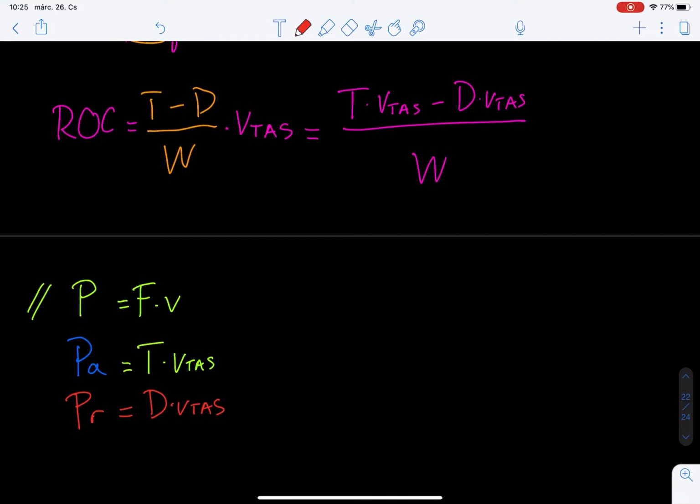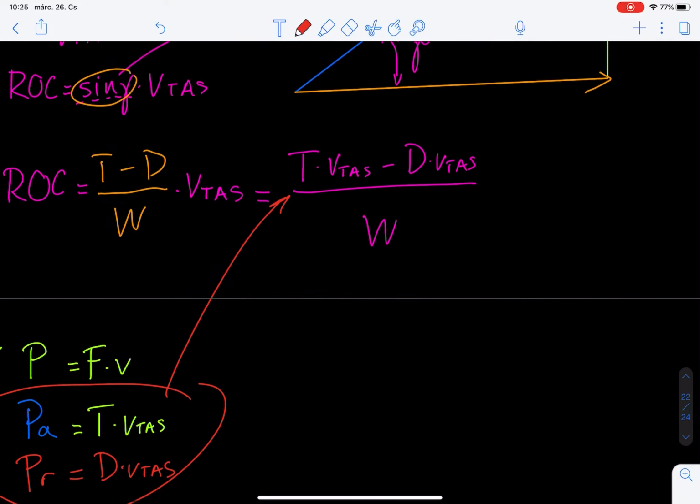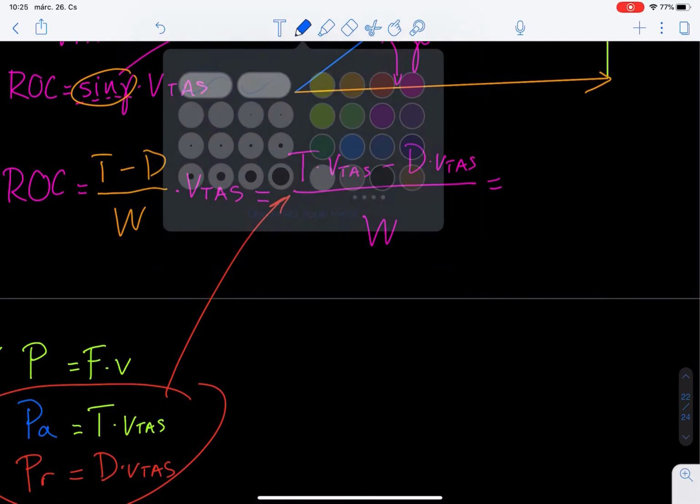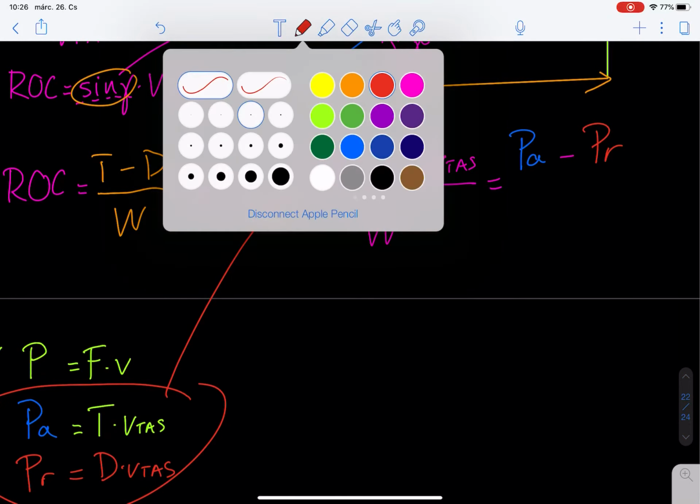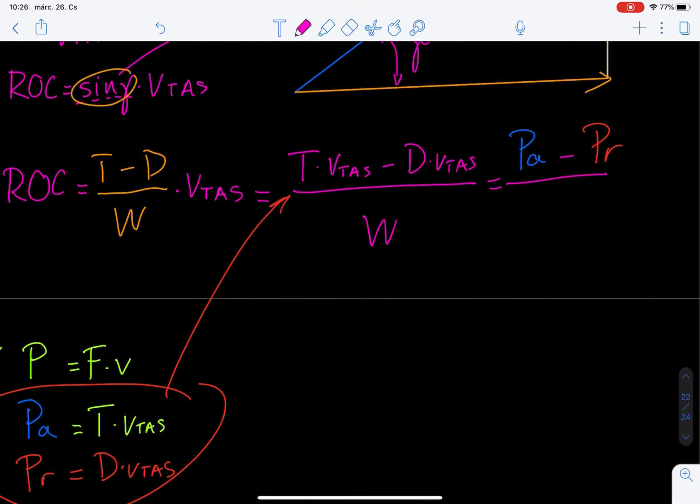So if I plug these two up here, what I'm going to get is that the power available minus the power required over the weight equals rate of climb.